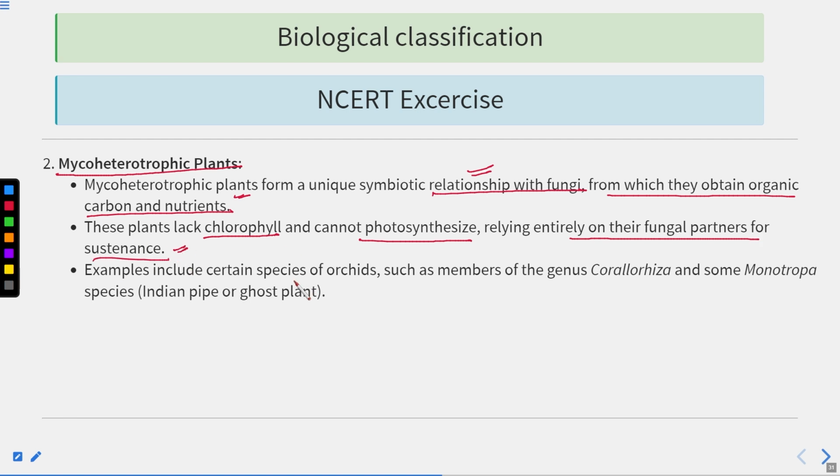Examples include certain species of orchids, such as members of the genus Corallorhiza, and some Monotropa species, Indian pipe or the ghost plant. This is one of the very important plants, also known as the ghost plant. So this mycoheterotrophic plant is another example.